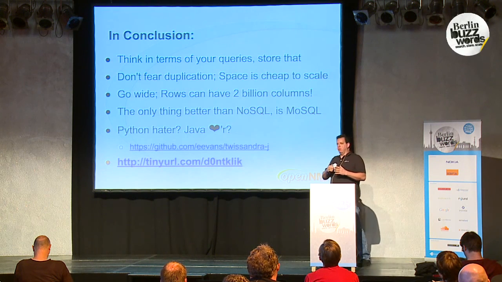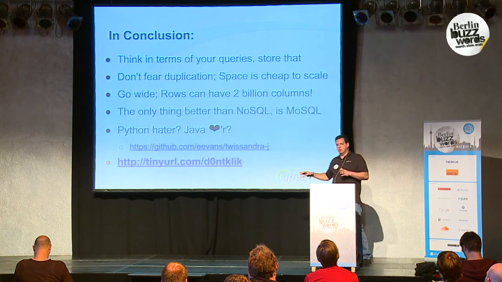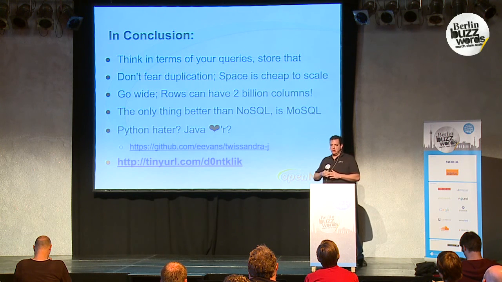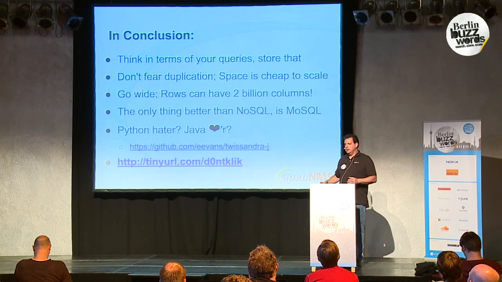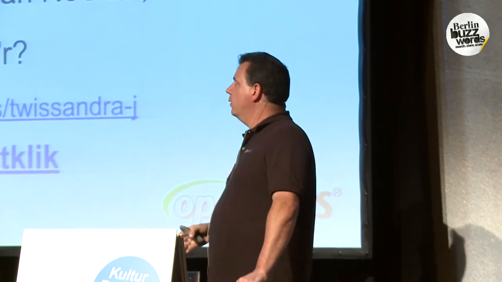Creating these sorts of one-to-many relationships within a single row is going to mean that the number of columns in that row could become quite large. The row could become quite wide. But that's pretty okay too, because the upper bound on the number of columns you can store in a row is quite high. It's about 2 billion.